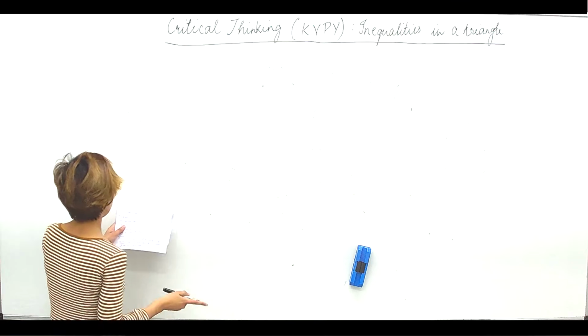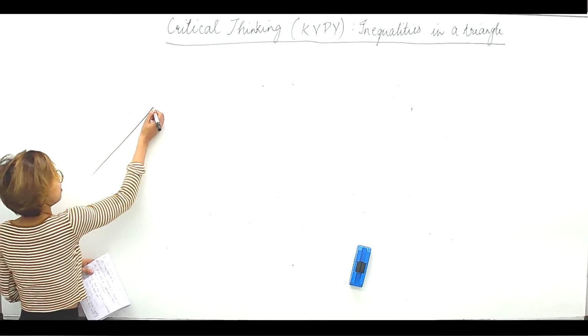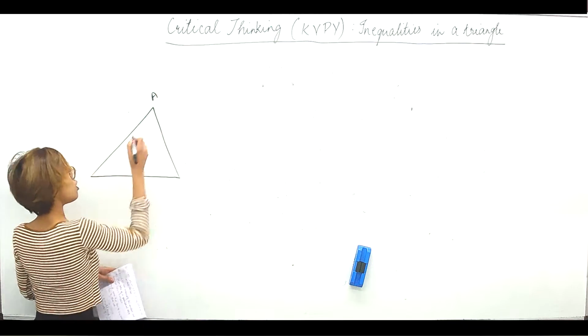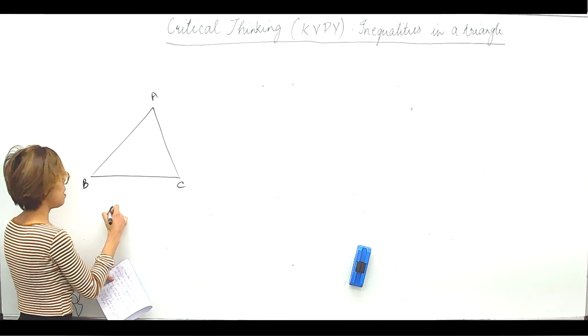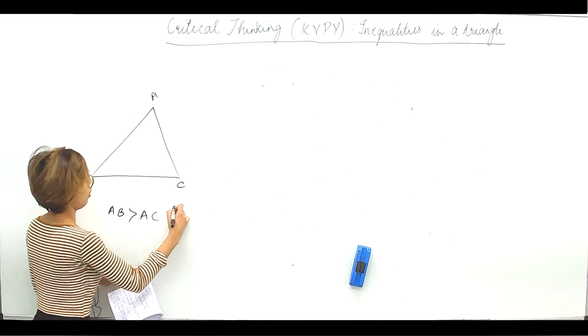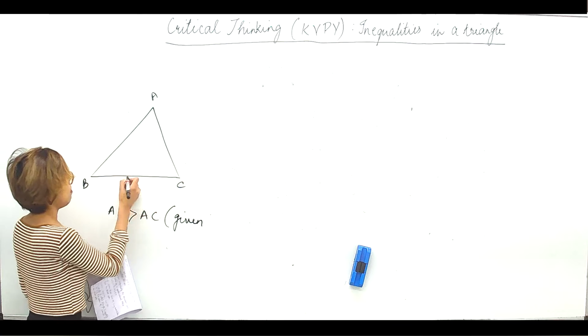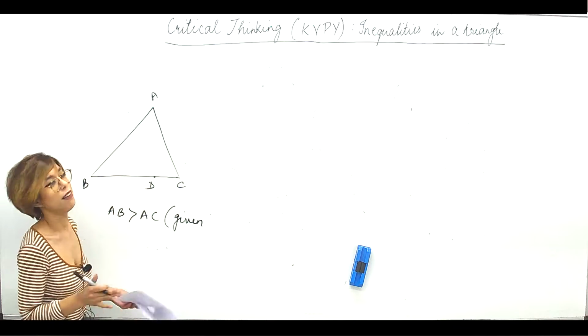So in triangle ABC, AB is greater than AC. For a change, my diagram is precise. AB is greater than AC, which is given, of course. D is any point on BC, so let me take D here.